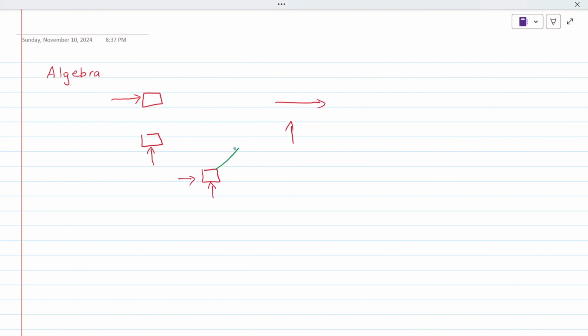It will go in this direction, making some angle. Okay. If these forces are equal, the body will move exactly at center. If this force is greater, the body will move in this direction. If the y-axis force is greater, the body will move in this direction.